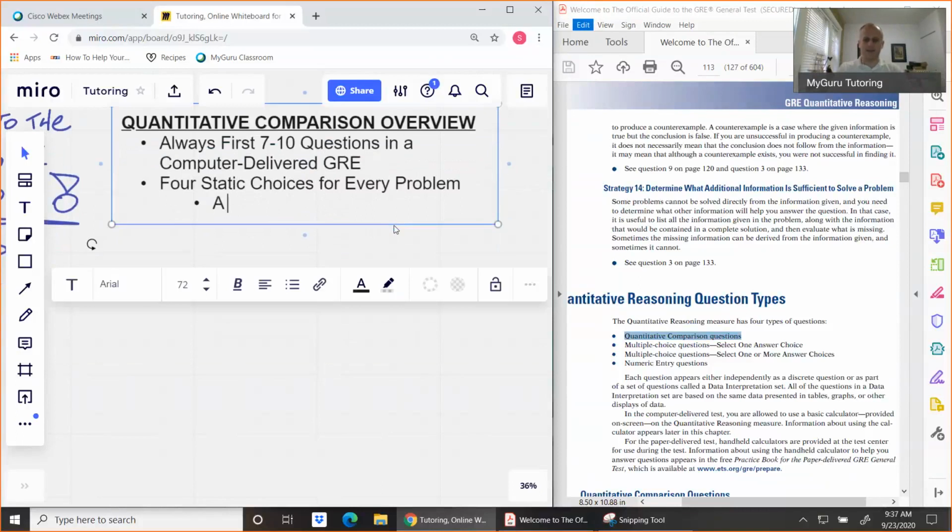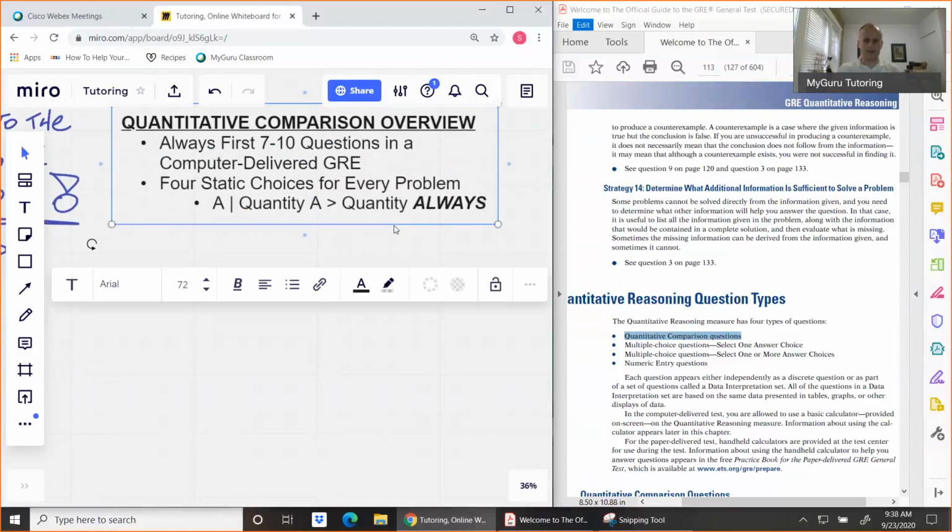Choice A means that quantity A is always greater than quantity B, and you need to highlight always. It has to be consistent.